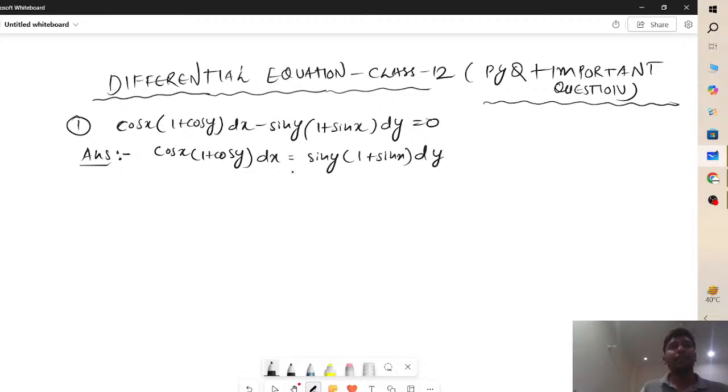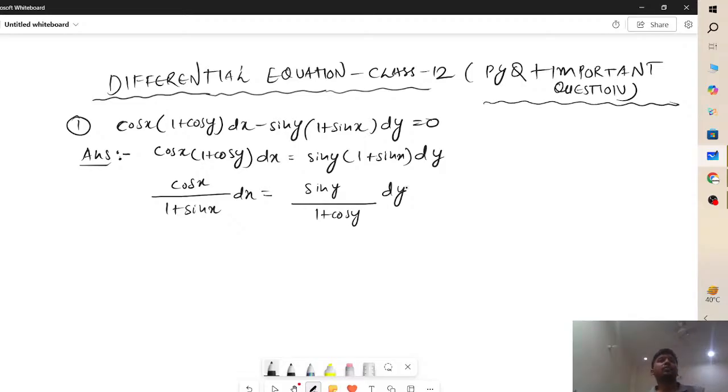Then after the variable separation, we get cos x / (1 + sin x) dx and sin y / (1 + cos y) dy.